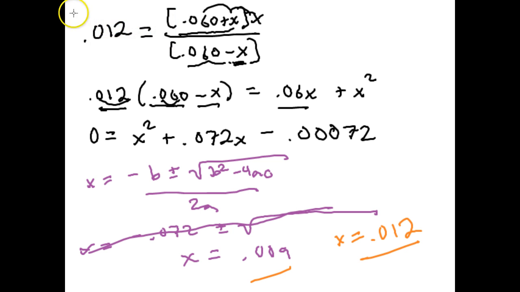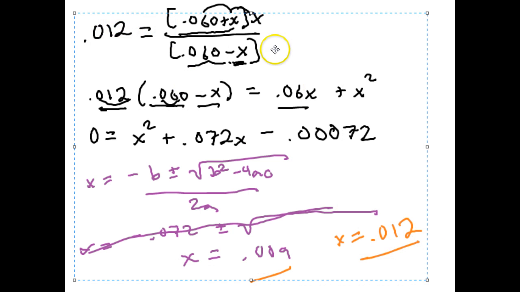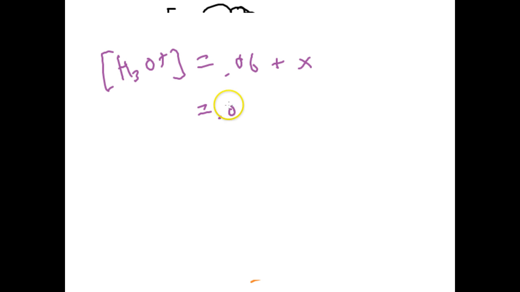Let me erase this a bit for you. Okay. So when x equals 0.009, that means that H3O plus equals 0.06 plus x, and 0.06 plus 0.009 is 0.069.